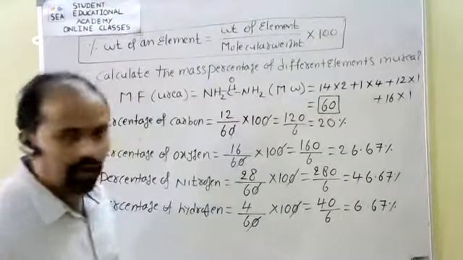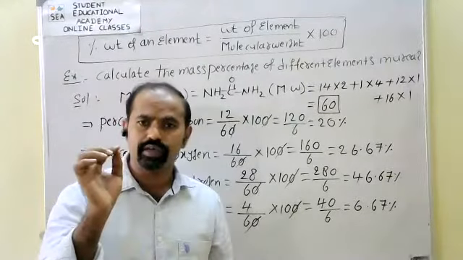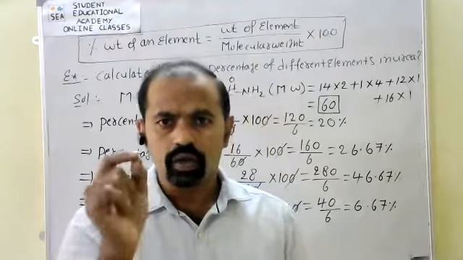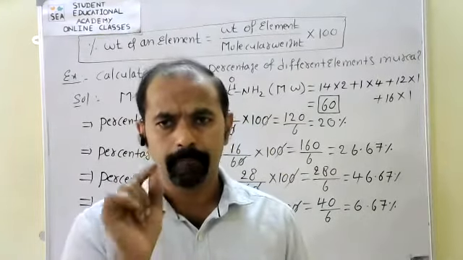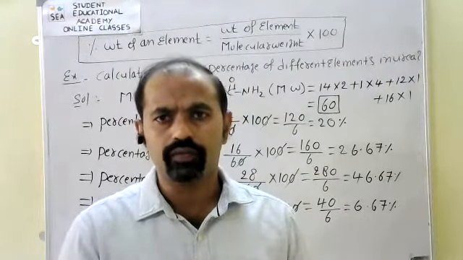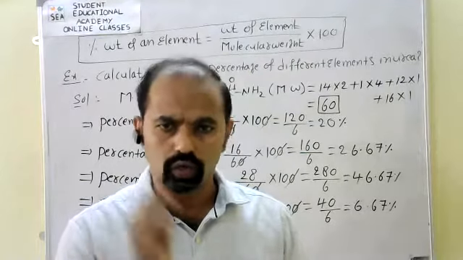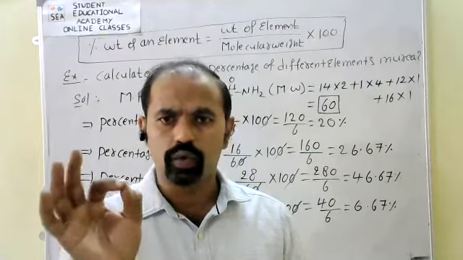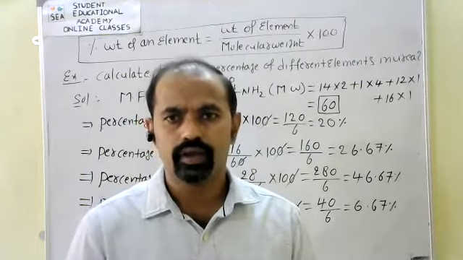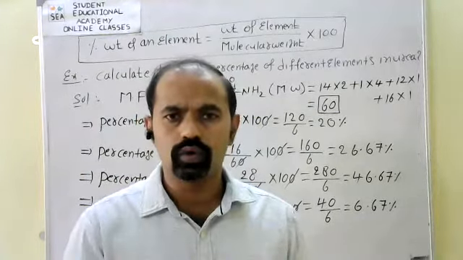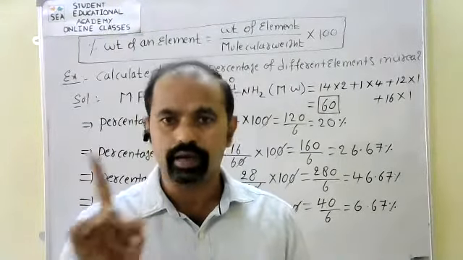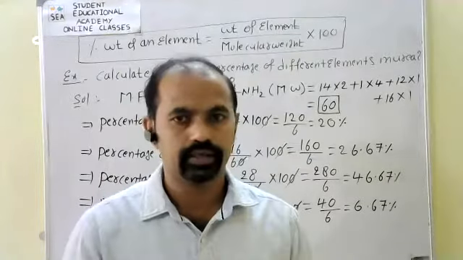Okay, before, I have given the relation between the empirical formula and the molecular formula. What did I give? Molecular formula equals empirical formula into N, where N equals molecular weight by empirical formula weight.